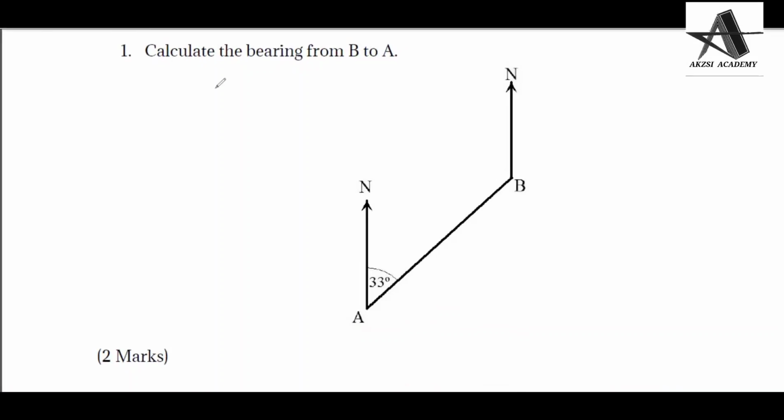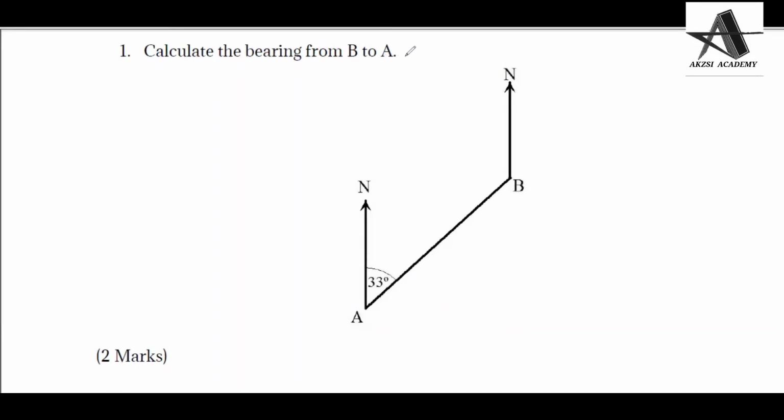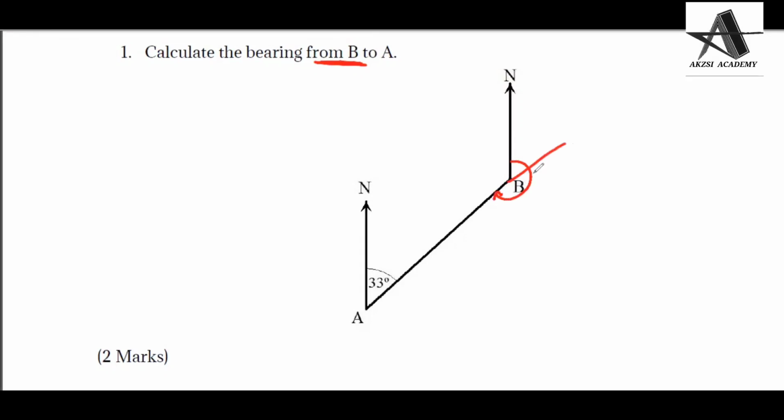It says calculate the bearing of B to A. So from B, this is important, right? So calculate the bearing from B. So at B, you have to draw a line pointing towards north, and then you have to start moving till you reach this part. This whole is 180 degrees, and these two are corresponding angles.